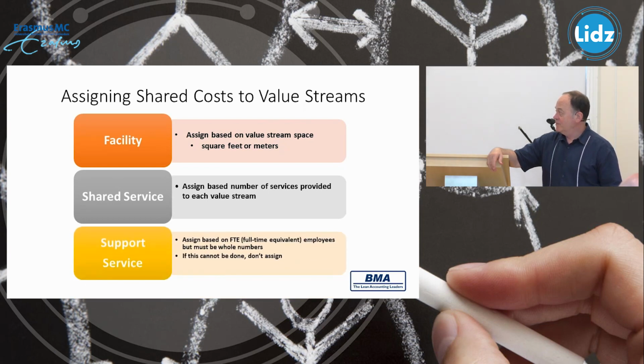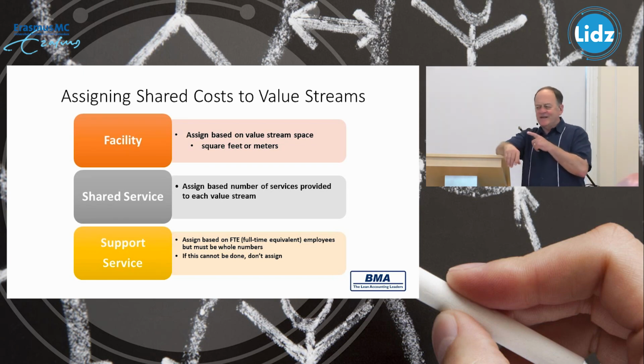And support can be assigned by basically the number of people that typically work or support each value stream. This is also a source for discussion. Yes. Which rule do you apply on your activity-based costing system? And you have all these big spreadsheets. Well, yeah, and see, this is not activity-based costing. We're not trying to get to that level of detail.